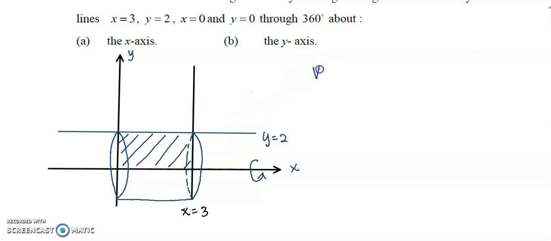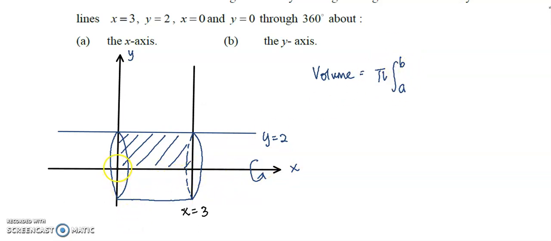Alright, so to get the volume, our formula when this region is rotated about the x-axis is pi times the integral, with limits from a to b located on the x-axis.